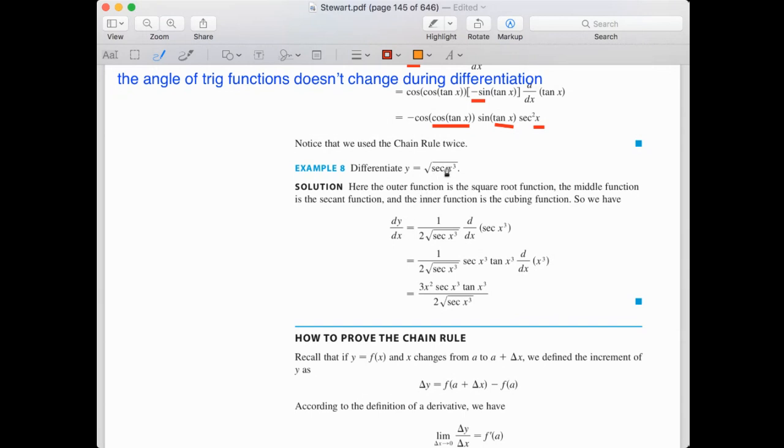So take a derivative of that. We know the derivative of square root of x is 1 over 2 radical x, right? So we just get 1 over 2 radical x, but this x is secant x cubed. Then take a derivative of a secant. The derivative of secant is secant tangent.